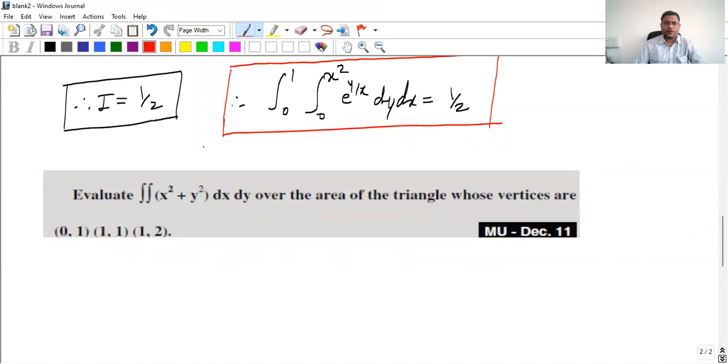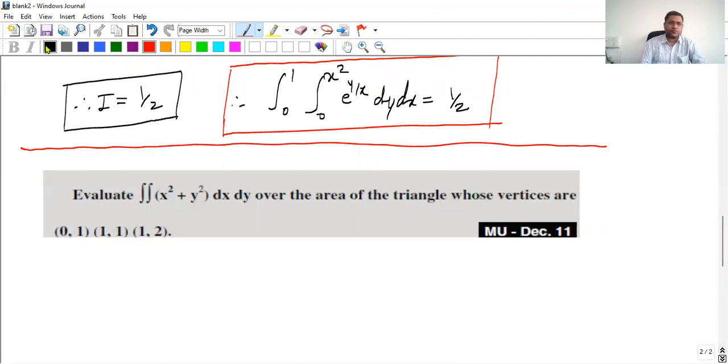Let us think of another example. So are you able to read this question? Yes, sir.